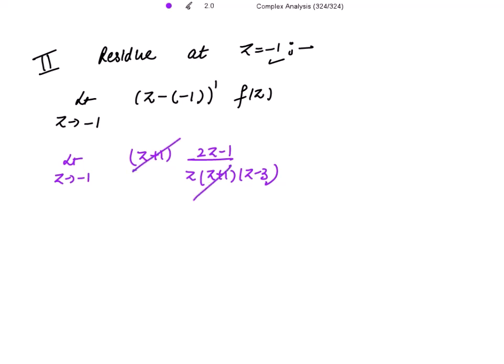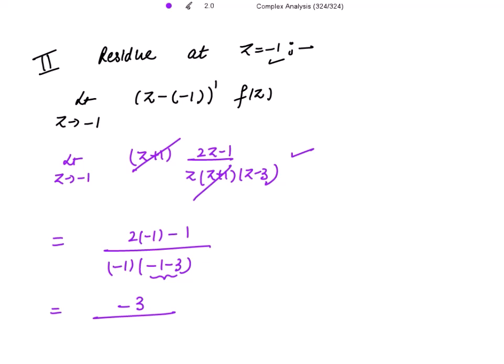These two cancel out, and putting z = -1, we get 2 into -1, minus 1, that is -3, and in the denominator -1 into (-1 - 3), that is -4 into -1, that is 4. So we get -3/4 to be the second residue at z = -1, right?